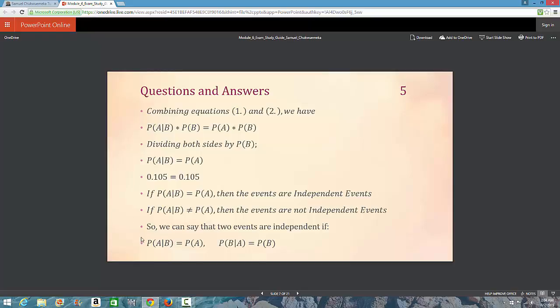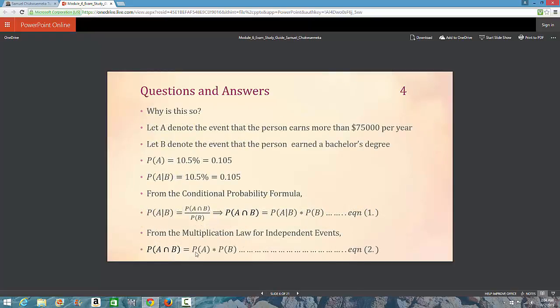Number 1, the probability of A given B is also equal to the probability of A. The probability of B given A is also equal to the probability of B. Then we can also say that the probability of A and B will give us the probability of A times the probability of B. So you can actually say that the probability of A and B is equal to the probability of A given B times the probability of B. Also, you can say that the probability of A and B is equal to the probability of A times the probability of B given A. Does that make sense? Okay.